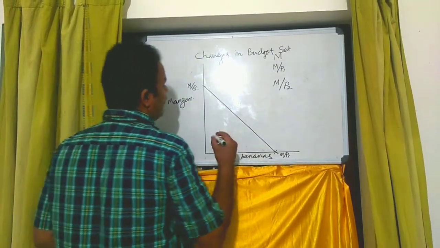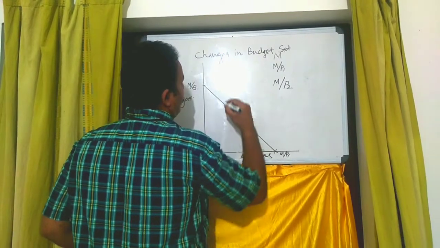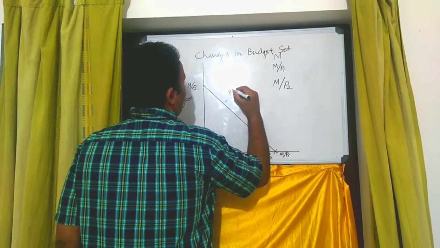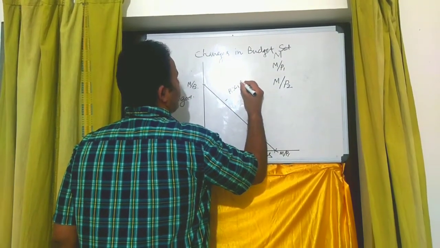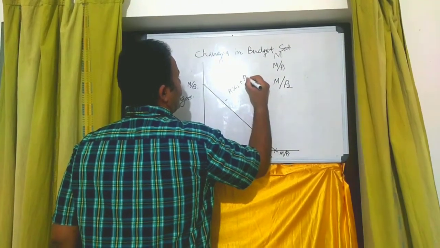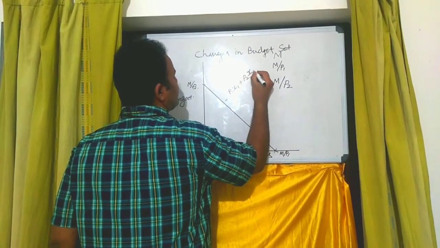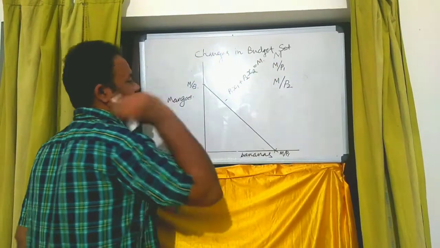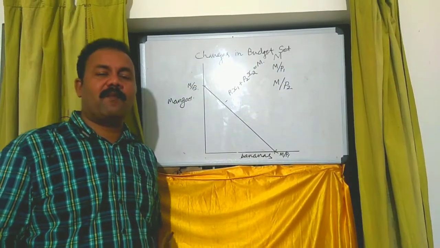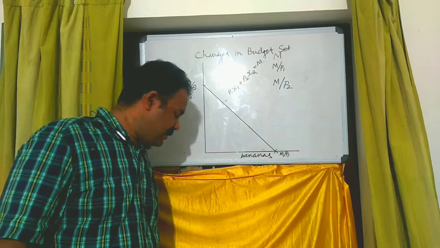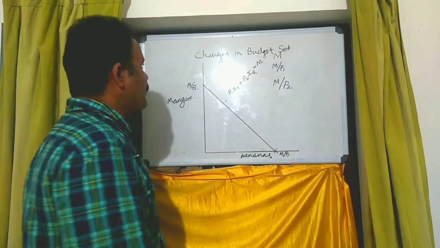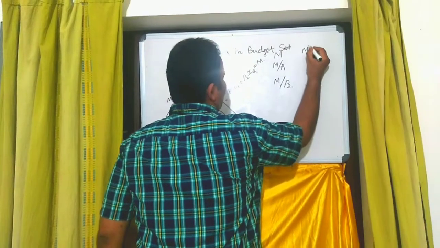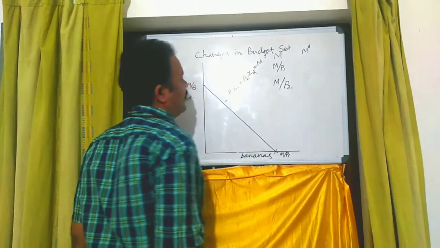This budget line represents P1 x1 plus P2 x2 is equal to M. This is the initial budget line. Then when income decreases, M will shift to M double dash.